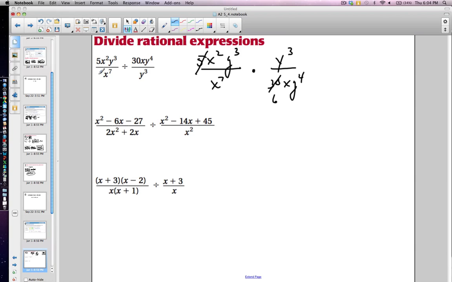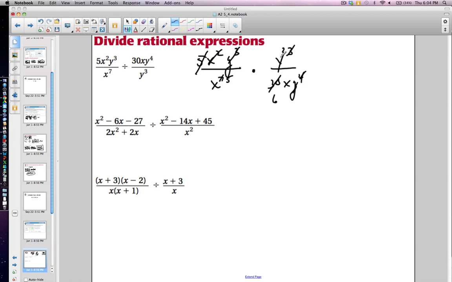I have integers, coefficients, I have x's, and I have y's. I've done the integers, now I'm going to do the x's. Okay, so I have 2 x's in the numerator, and those will cancel with 2 of the 7, and this will become x to the 5th. I have 3 y's here, that'll cancel 3 of the 4 there and leave 1. And then this 1 will cancel with those 3, and that becomes 2.